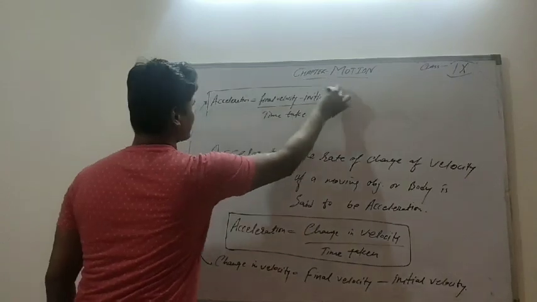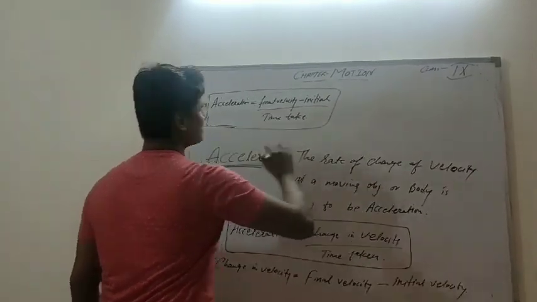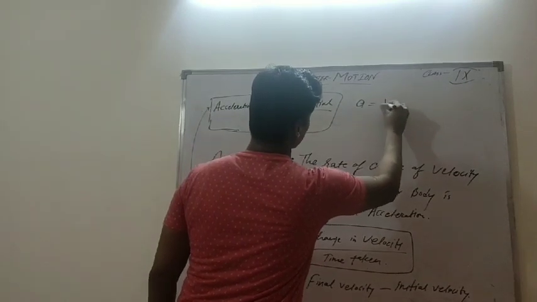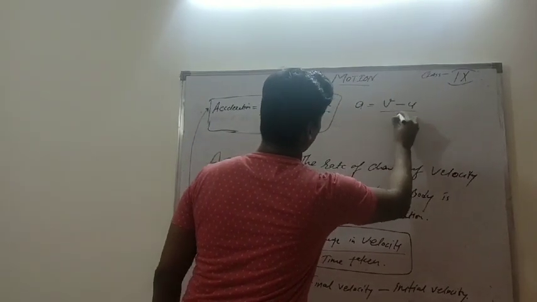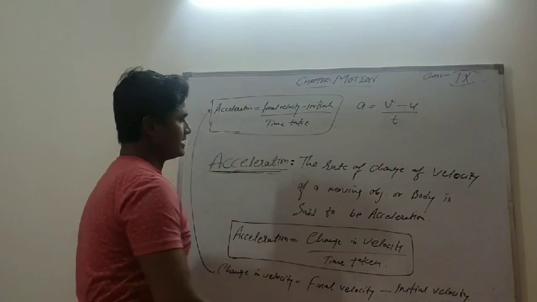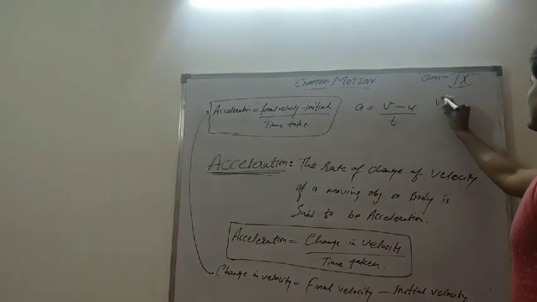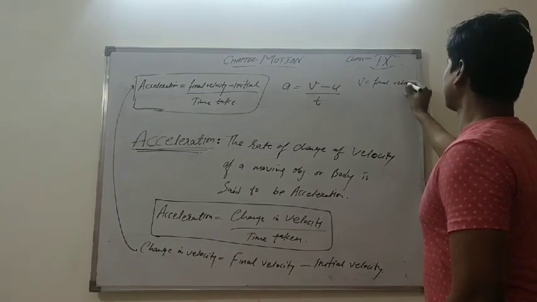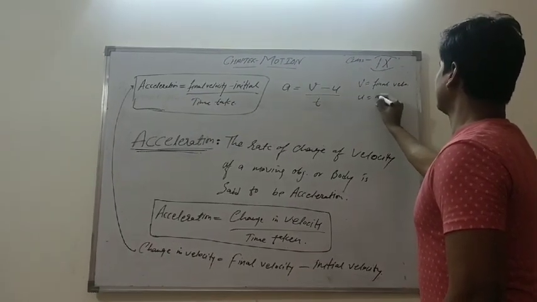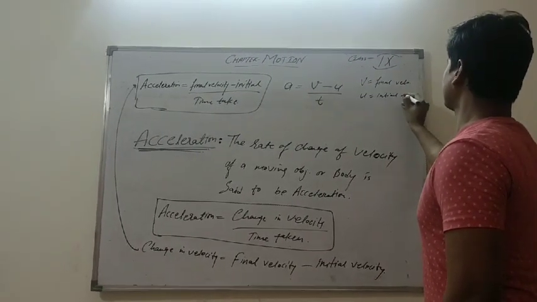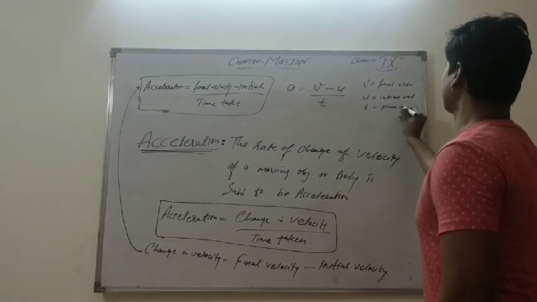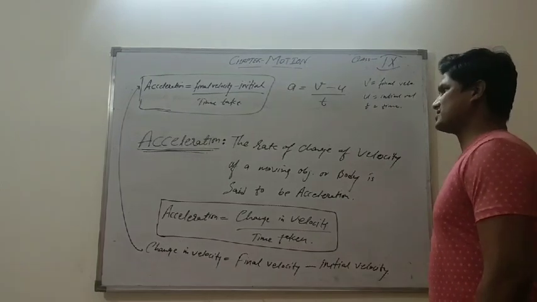This formula can be expressed as acceleration is equal to v minus u upon t. Here v is final velocity, u is initial velocity, t is time, and a is acceleration.